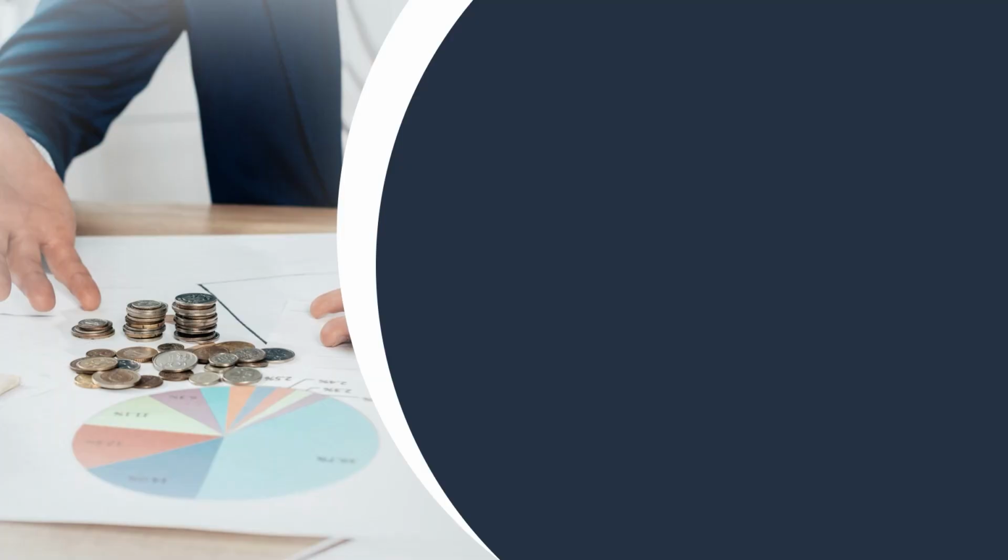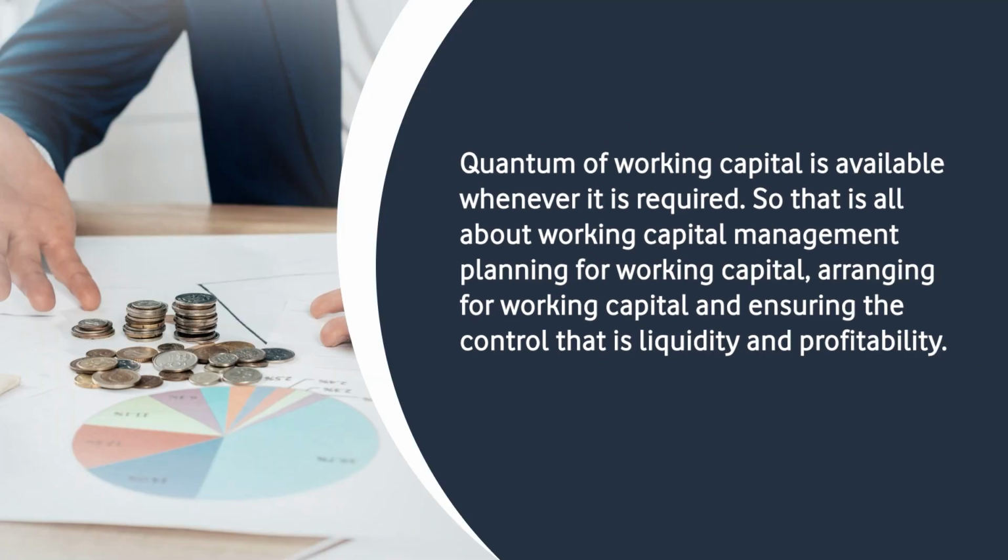That means the quantum of working capital is available whenever it is required. So, that is all about working capital management: planning for working capital, arranging for working capital and ensuring the control, that is, liquidity and profitability. That is the third decision a finance manager has to make.